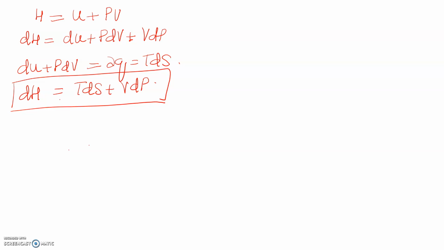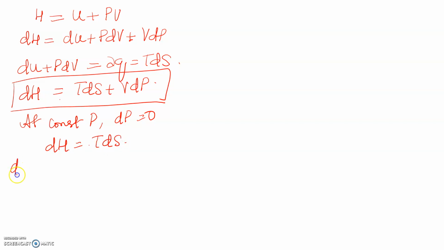Applying the same principle as before, we keep one of the variables constant and differentiate with respect to the other variable. At constant P, dP is equal to 0, or dH is equal to TdS.